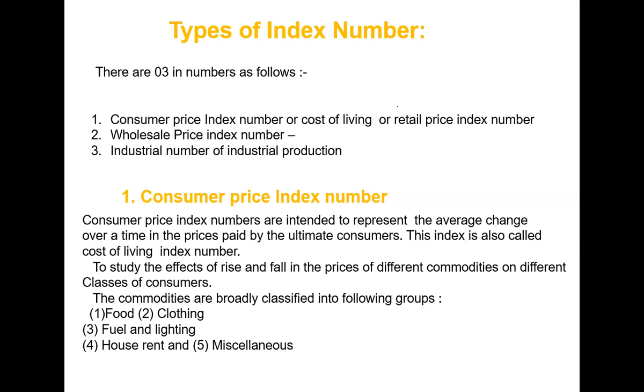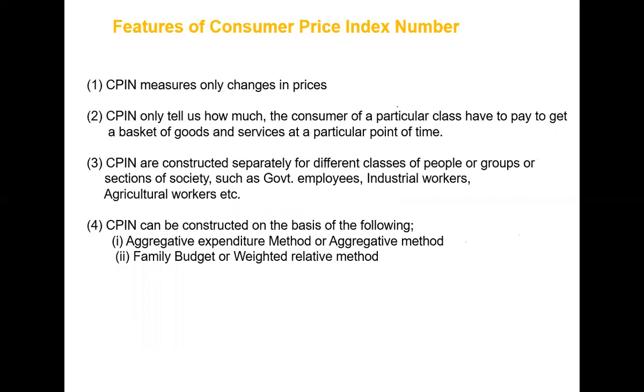Then in terms of clothing, in terms of fuel, in terms of the oil sector and all that, there are computations in the CPI. Okay, good. Then more on that, we say that the consumer price index number measures only changes in prices, okay? It measures the rate of change in the price. That is what it measures. It is not the value of the price itself.